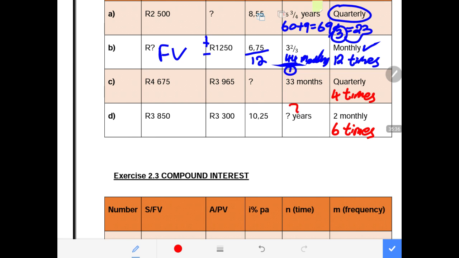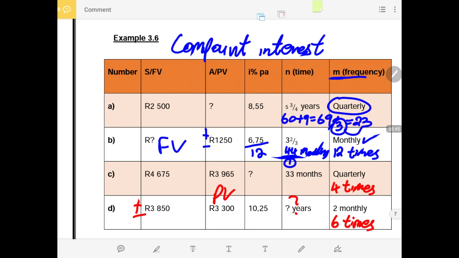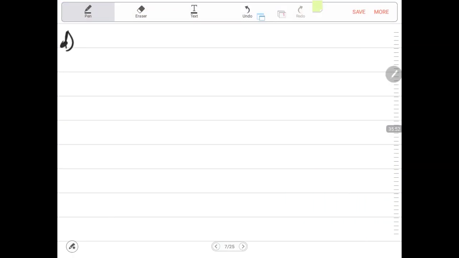So now this is where our question mark is. 3,850 is plus minus future value. Then we have our present value, please don't forget, it is 3,300.